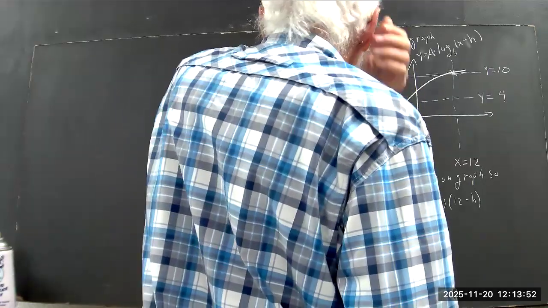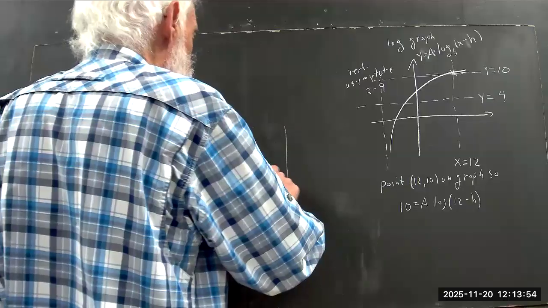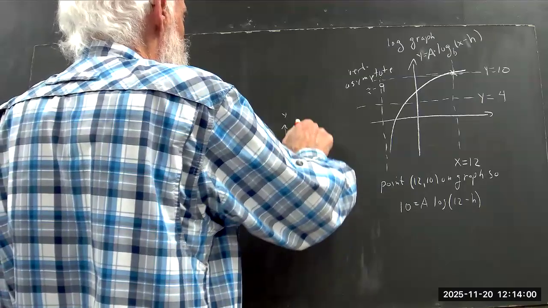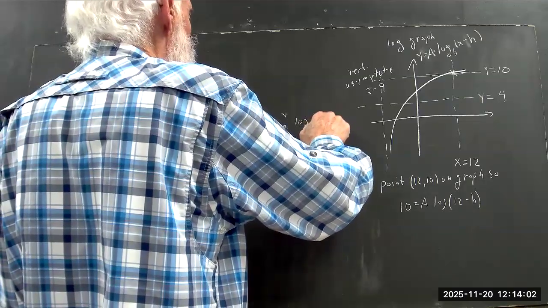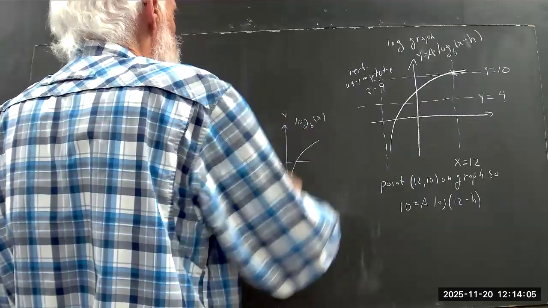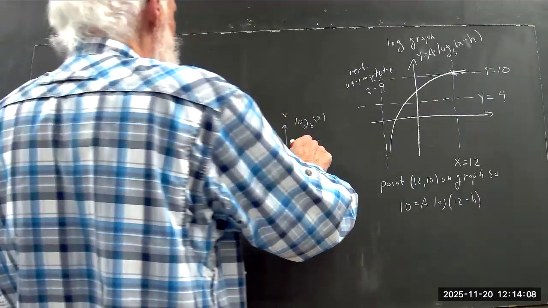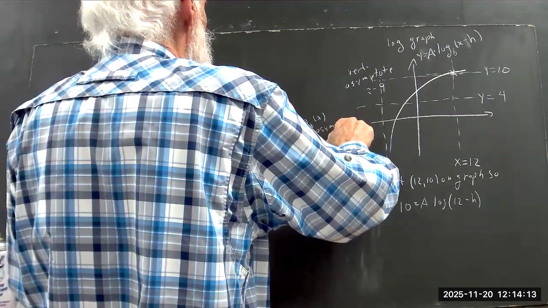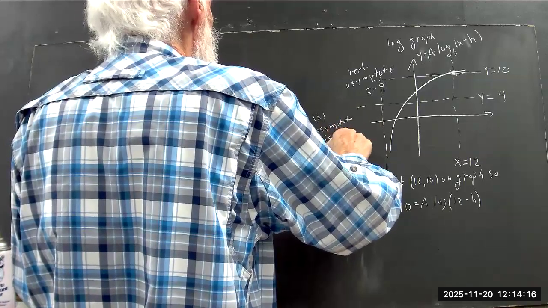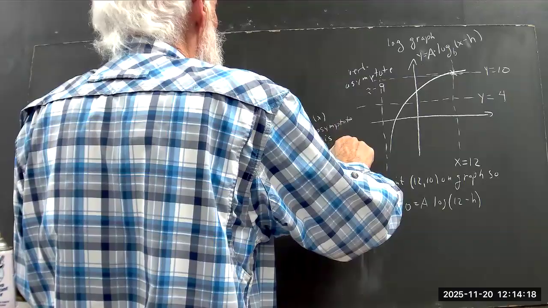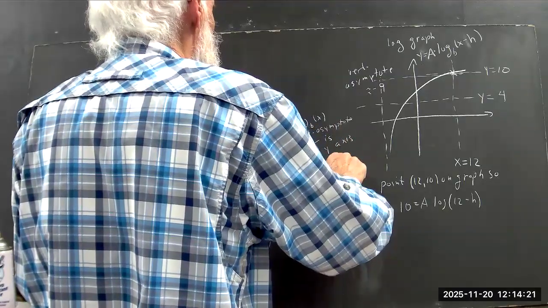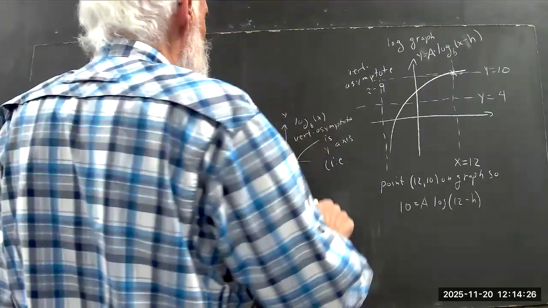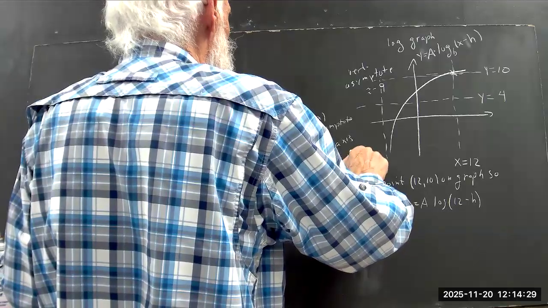The vertical asymptote of a log function, the square log function, is always at the y-axis. So any log base b of x, the y-axis, vertical asymptote for any log function where you haven't shifted it is the y-axis, which is the line x equals 0.